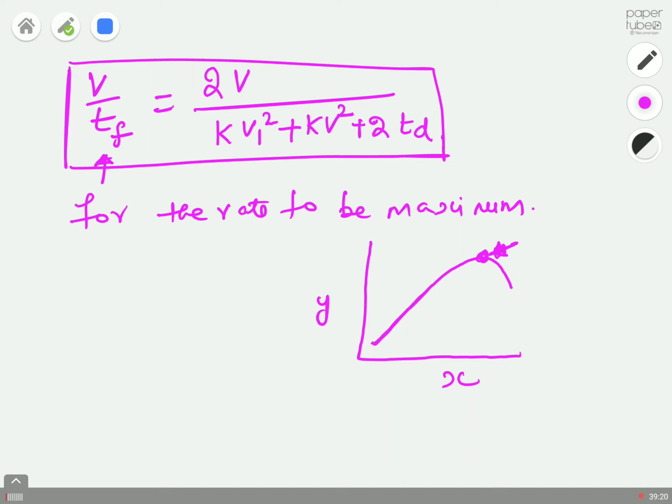If you want to know where the maximum point occurs, all we need to do is differentiate dy by dx and set the value to 0. What it says is that y is changing with x throughout this line, and then it reaches some point at the top, and then again it will change. So at that particular point something is going to be constant, and if you differentiate a constant with respect to something, that should be equal to 0.